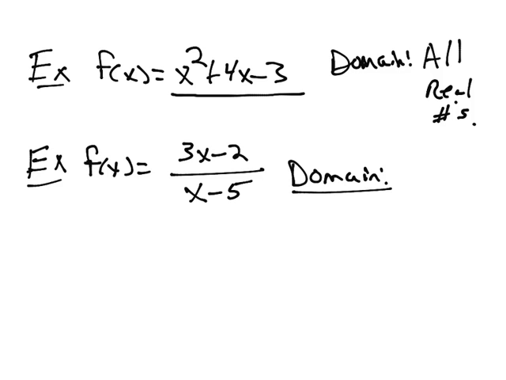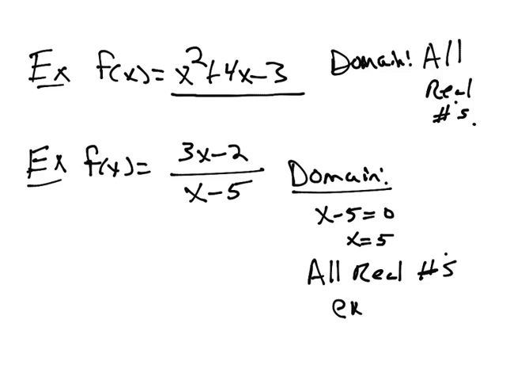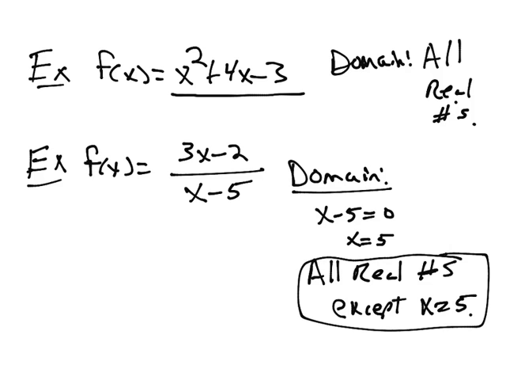And there is, because x minus 5 is going to equal 0 when x is equal to 5. So if we try to plug 5 into this function, you're going to get division by 0. So the domain here is going to be all real numbers except x equals 5. Everything but 5 you can plug into this function and you'll get a real number back.